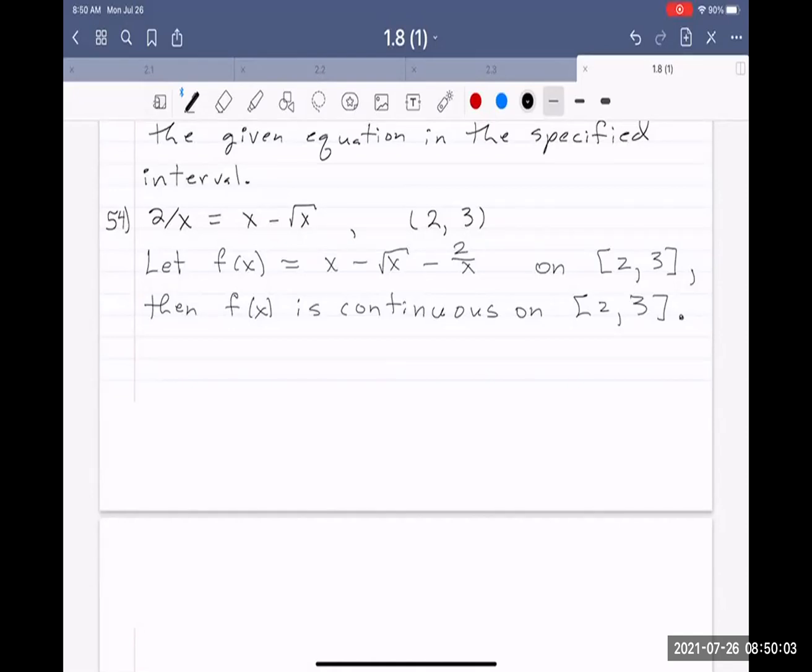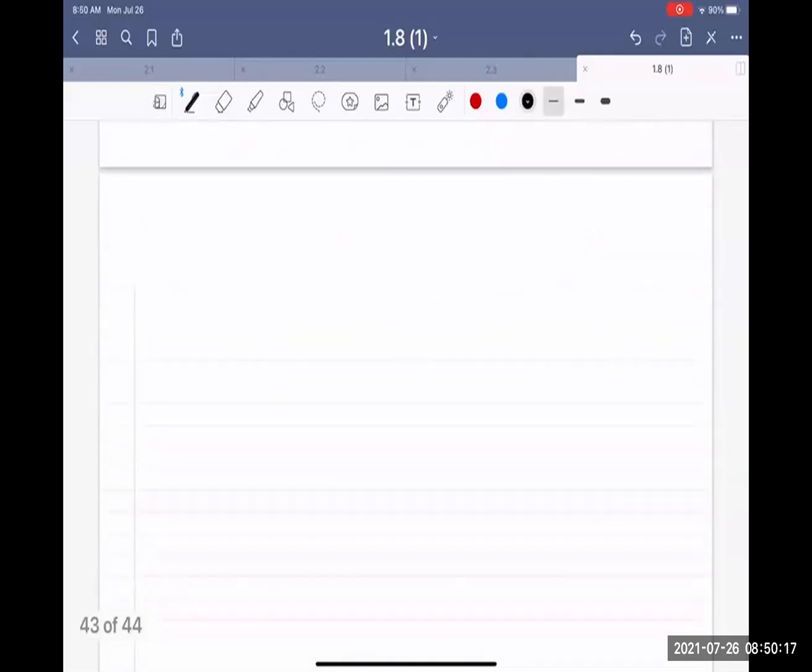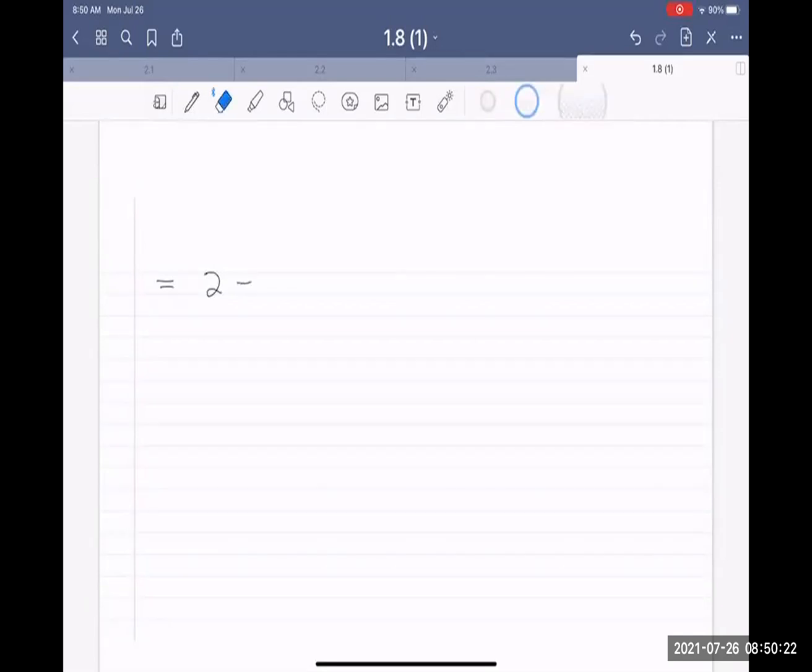Note that f of 2 is equal to 2 minus the square root of 2 minus 2 halves. So this is equal to 2 minus 1, which is a 1, minus the square root of 2, which is less than 0.